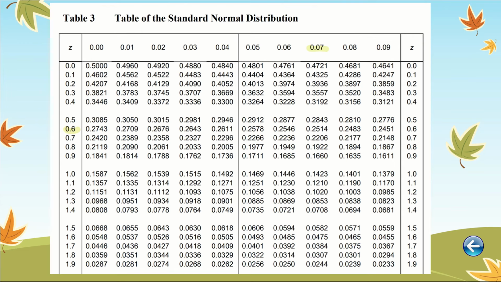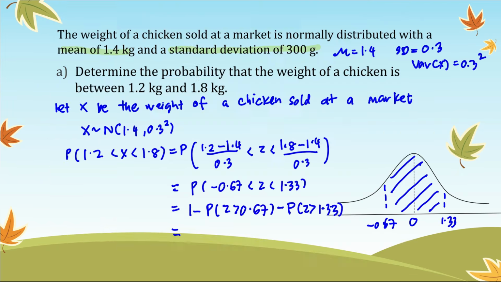For 0.67, we get 0.2514, and for 1.33, 0.0918. So 1 minus 0.2514 minus 0.0918. The value will be 0.6568.